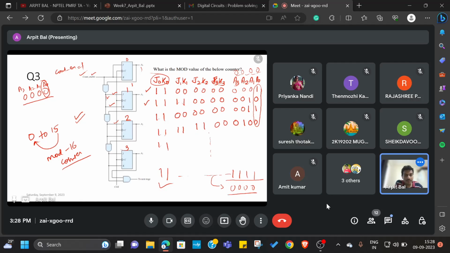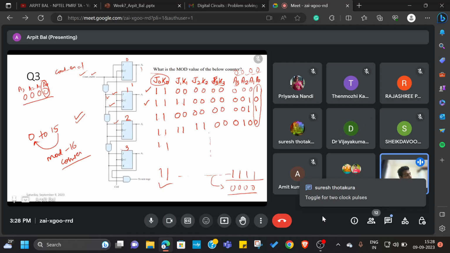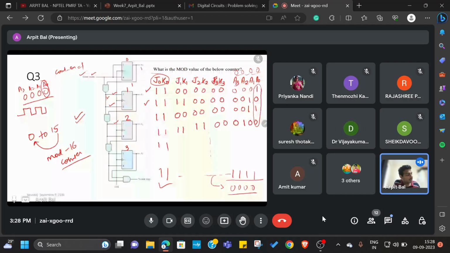Anyone? Please feel free to guess. Toggle for 2 clock pulses. Exactly. So if you observe the pattern, A0 is going to toggle for every clock pulse. A1 is going to toggle for every 2 clock pulses.